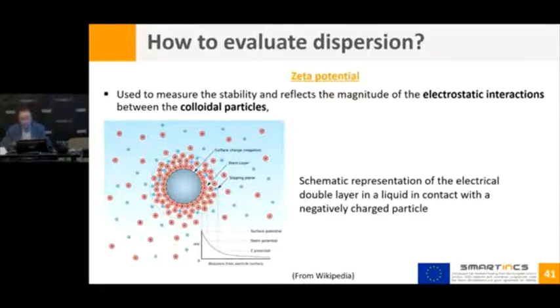When the particle moves, this layer is able to be deformed because of the movement in the solution. So if you measure the potential between the surface of your grain and the limit of this diffuse second layer, you will have the zeta potential. Again, there is an instrument which is able to measure it.